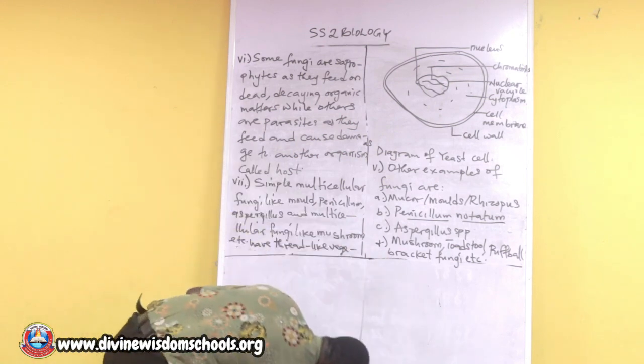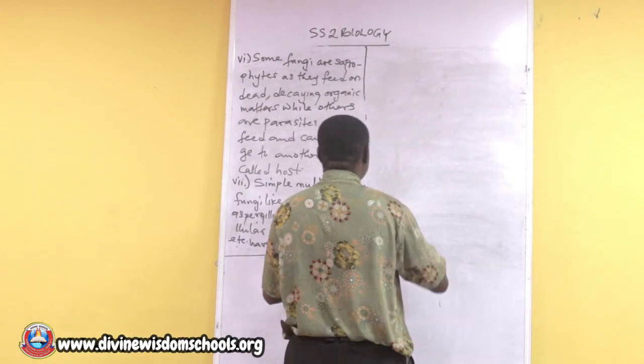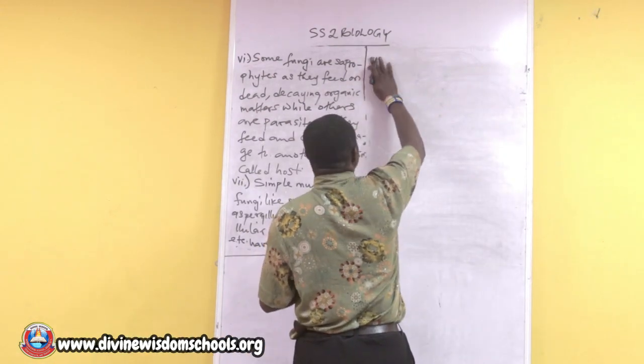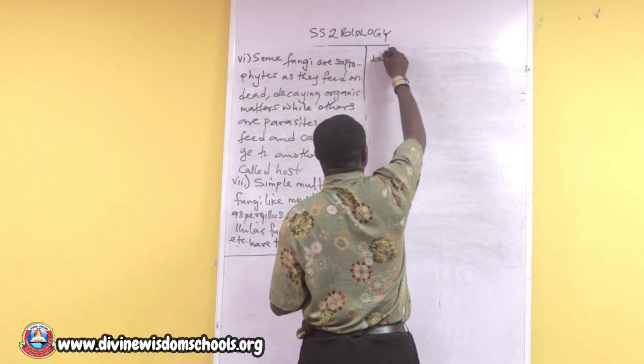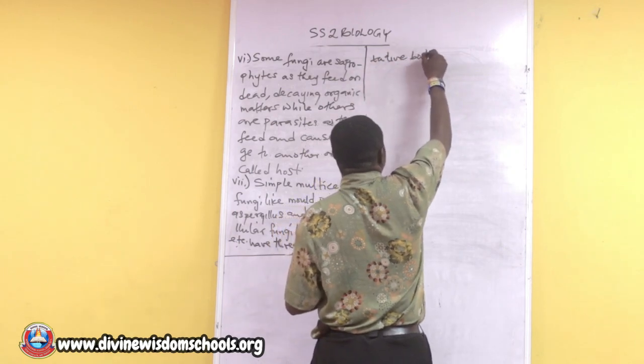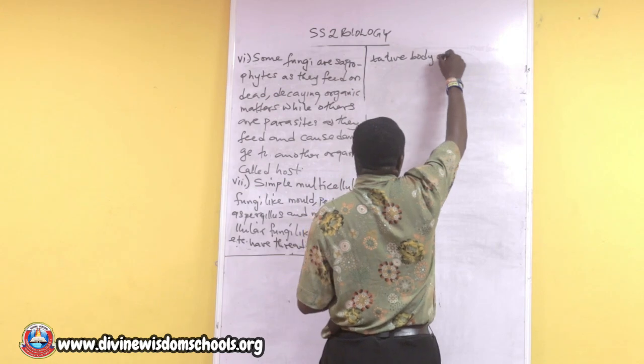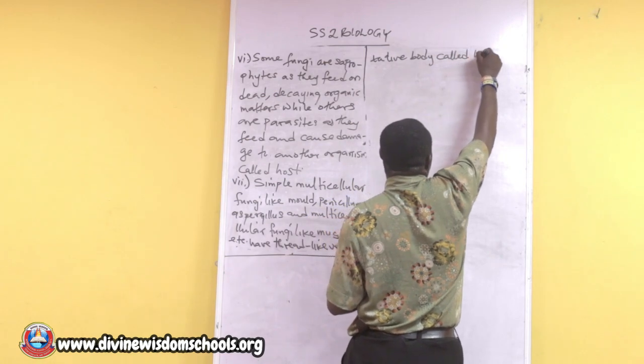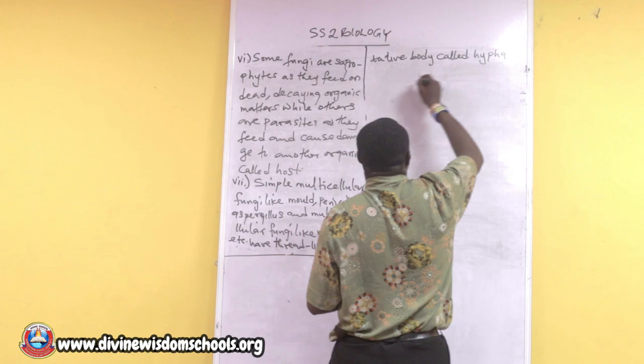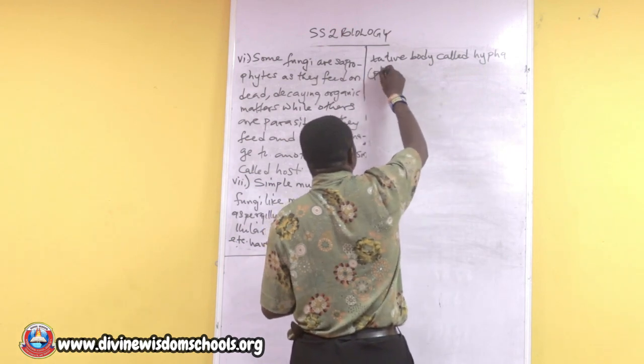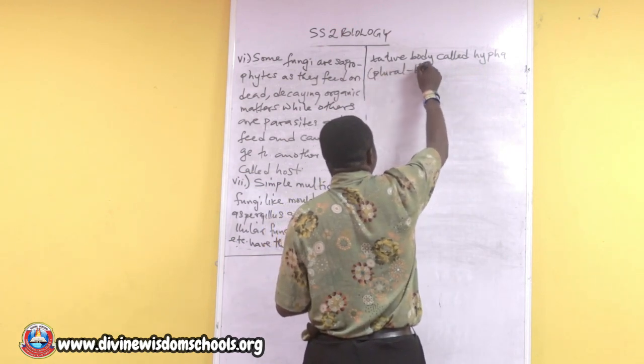Their body is like thread. They have a thread-like vegetative body called hypha. The plural form is hyphae.